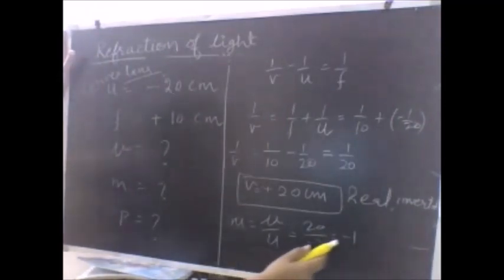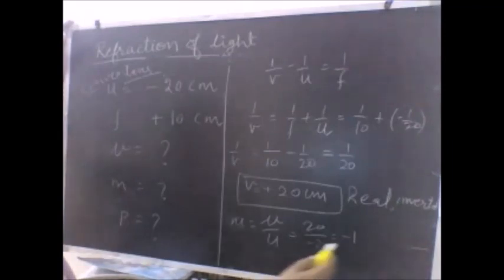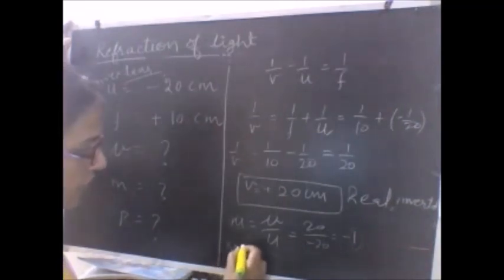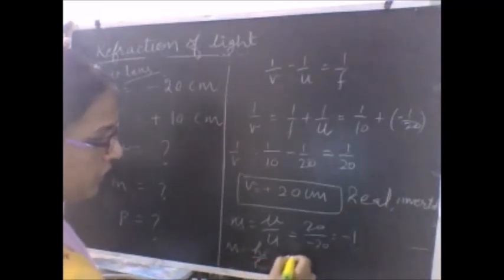So minus sign means it is inverted and it is real also. What about this 1? 1 indicates that the object size is the same as that of the image size. Can I use any other formula for the magnification to get my answer? HI by HO. It is minus 1.